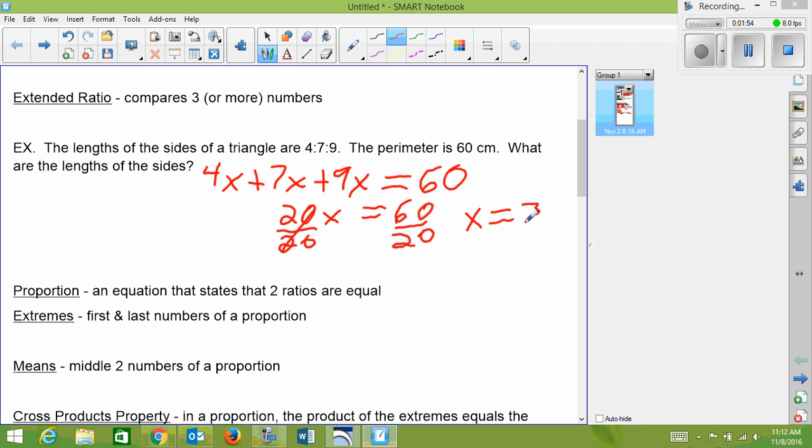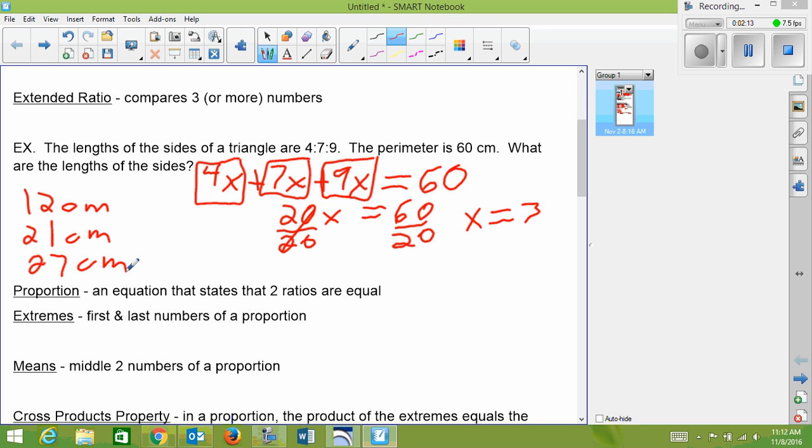And then you need to actually plug it back in to see what you got. So 4 times 3 would be 12 centimeters, I suppose we better label it. 7 times 3 would be 21 centimeters, and 9 times 3 would be 27 centimeters. And so then if you reduce those, it would be 4 to 7 to 9 for the ratio.